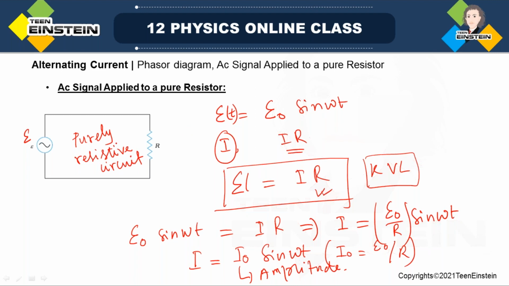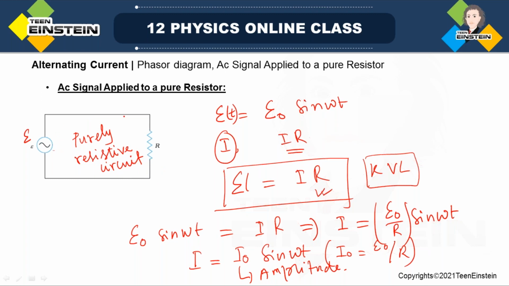So what we have done here, I'll repeat it. I have made a circuit where I have only a resistor and an AC generator or battery which can send an AC signal to this resistor.